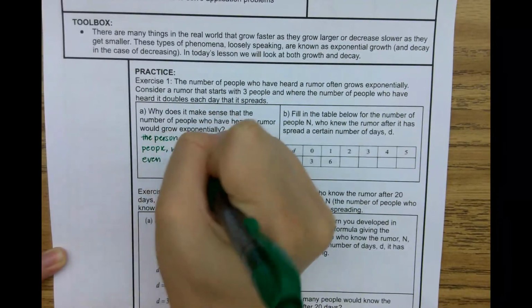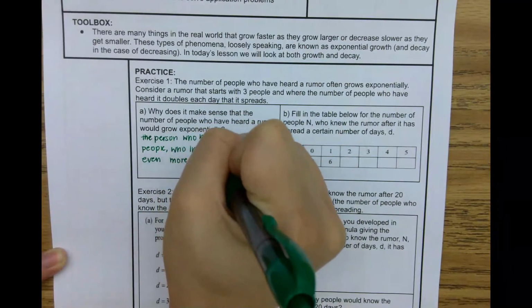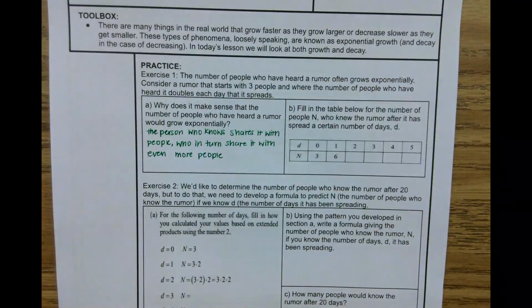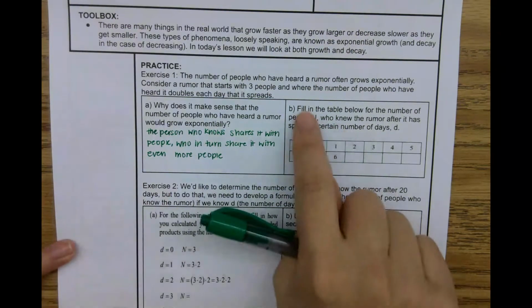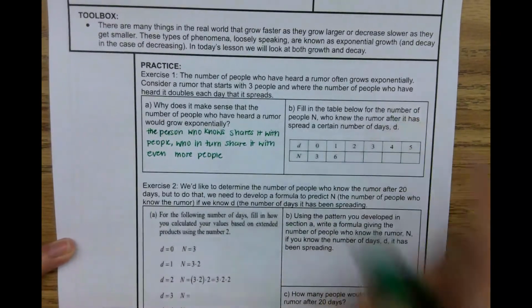Right? And it keeps on going and going and going. The people who know it share it with more people, who share it with more people, who share it with more people, and soon a bunch of people know about this rumor. Right?